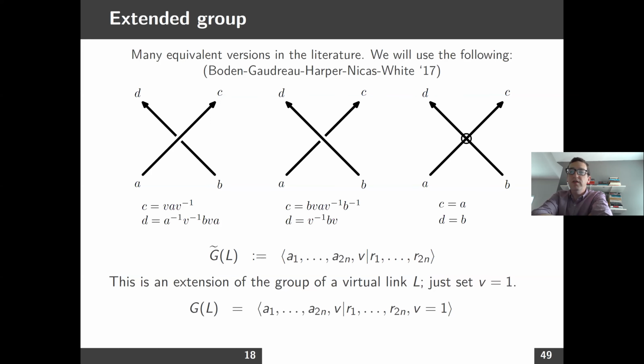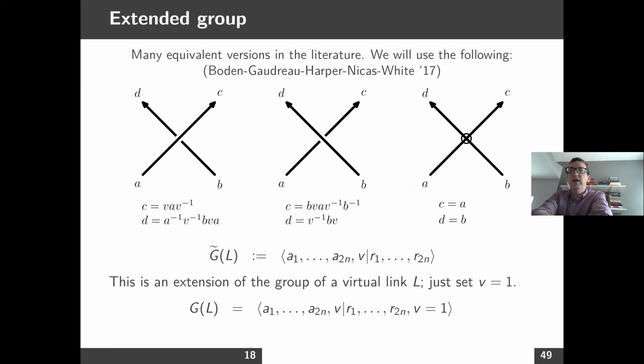The variable V is an auxiliary variable, which is used to define the group. There's a similar relation for the negative crossing, and in virtual crossings there's essentially no relation. So the extended group is defined by these generators together with the auxiliary variable V, together with the pair of relations at each crossing.